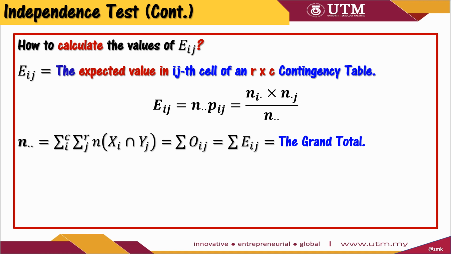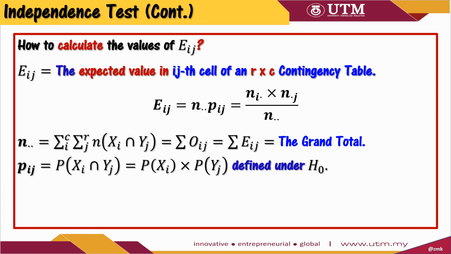The notation Pij is the probability of xi intersect yj, or simply P(xi and yj). Under the null hypothesis, we assume that x and y are independent. When these two variables are independent, recall from what you have learned in Chapter 1, P(xi intersect yj) is simply P(xi) multiplied by P(yj).